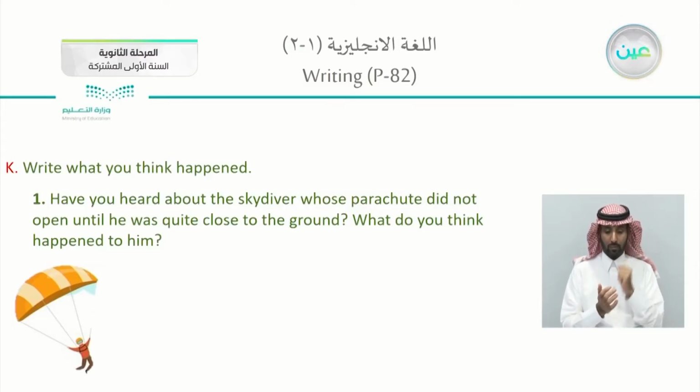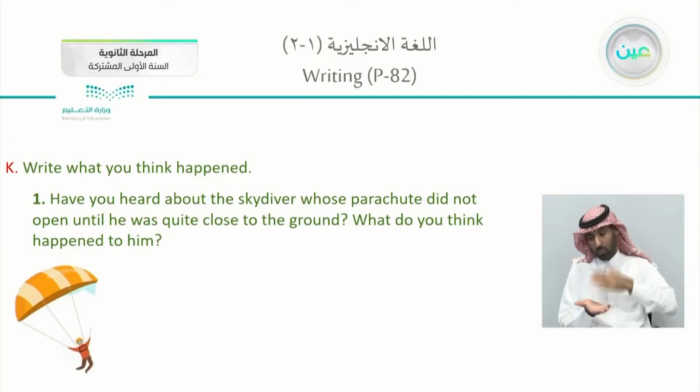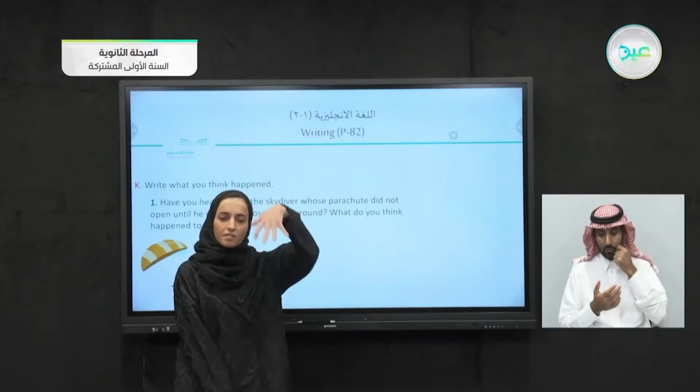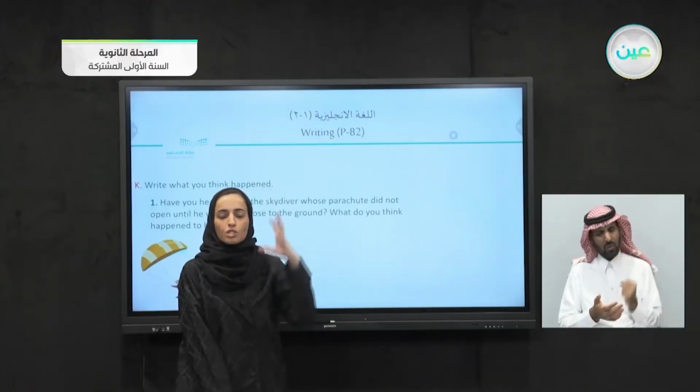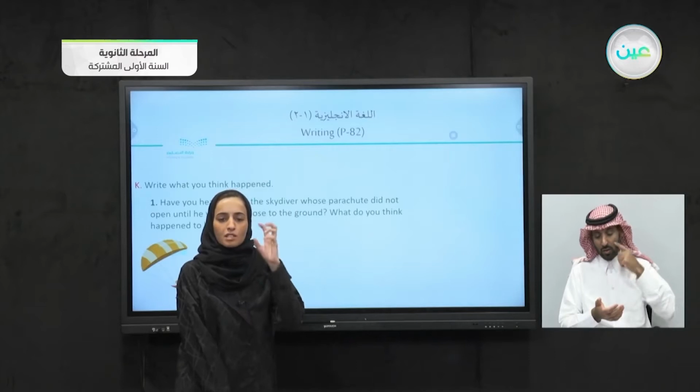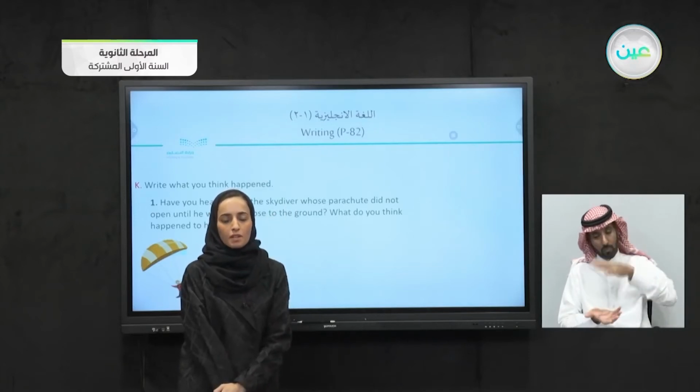Here you're going to imagine, or come up with, the ending for the story. Have you heard about the skydiver whose parachute didn't open until he was quite close to the ground? What do you think happened to him? Someone who was skydiving, then the parachute didn't open. The plan is that it's going to open by the very end.